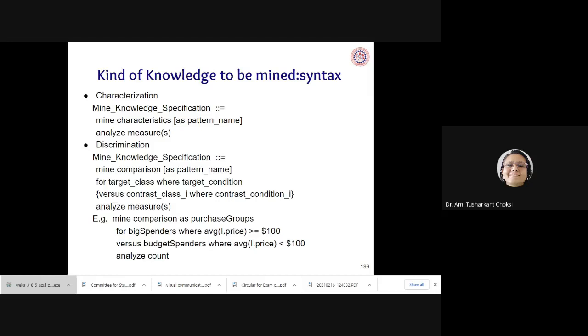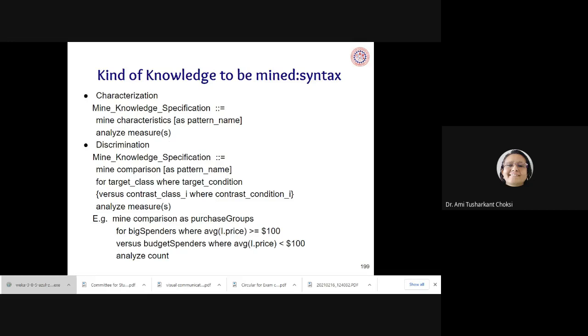Say, for characterization, those things we will also see in detail, but let us see the query. Mine knowledge specification is equal to mine characteristics as pattern name, analyze measures. Then we have discrimination.